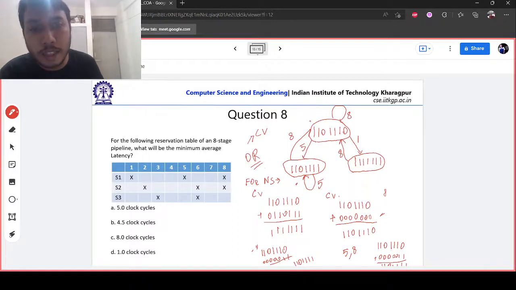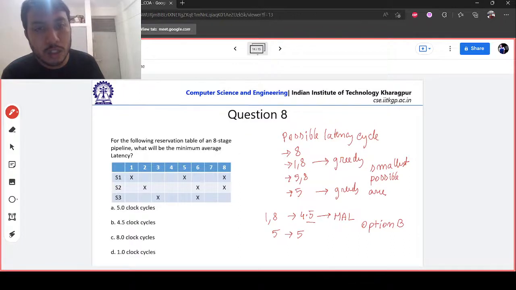But if you notice the cycle 5 and 8, is 5 the minimum latency at this stage? No, 1 is the minimum. So in this cycle, 5 and 8 are both not the minimum latency at the corresponding states. So that's why this cycle is not a greedy cycle. The same stands for 8, because 8 is not the minimum latency, 1 is. So there are 2 greedy cycles, that is 1, 8 and 5.